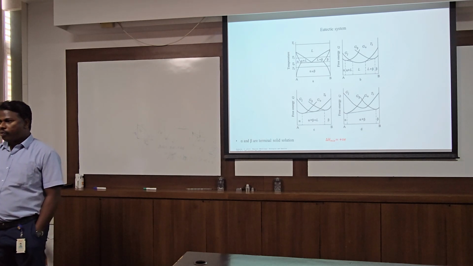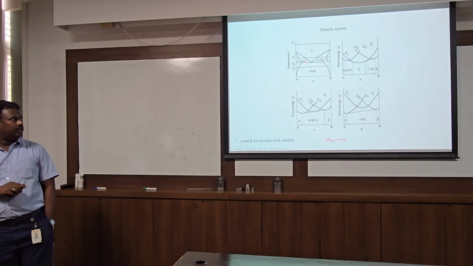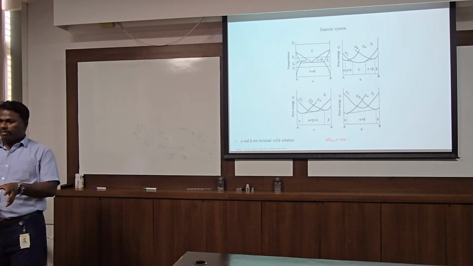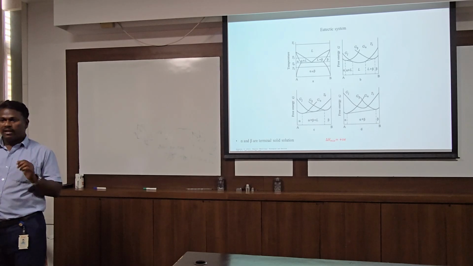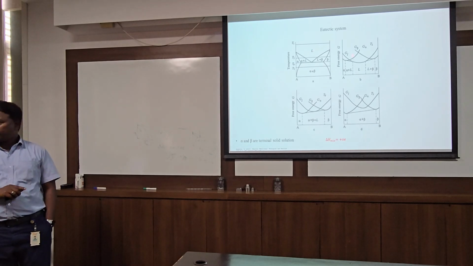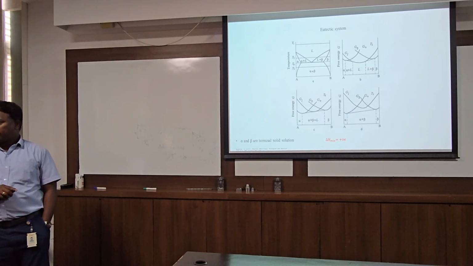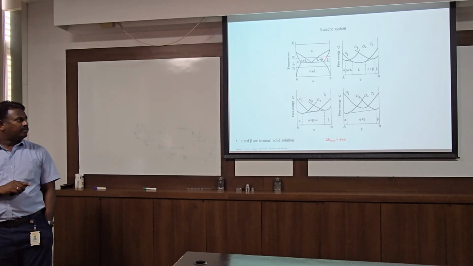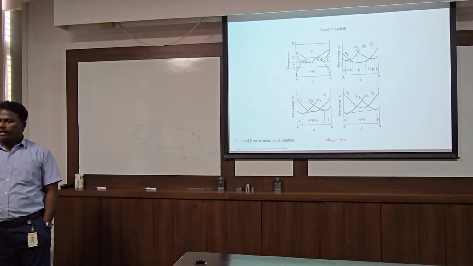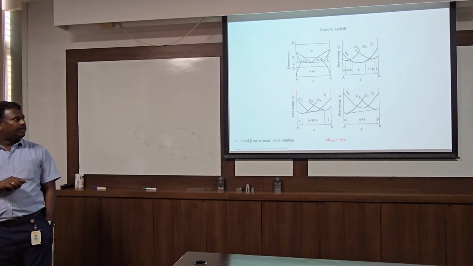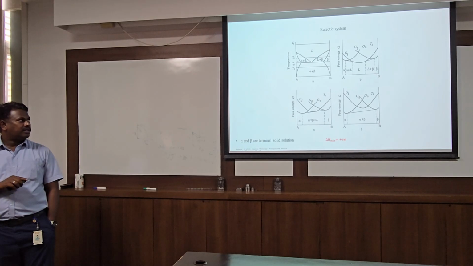We want to find the lowest melting point. Suppose I mix these two elements 50%, 50%, I will get the lowest melting point, 600 degrees centigrade. Just assume that much. So you reduce the melting point of the system by the eutectic reaction.